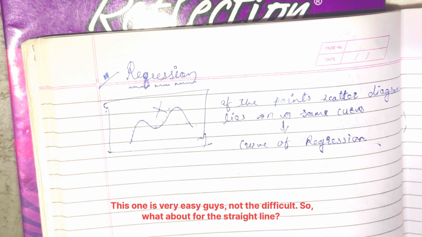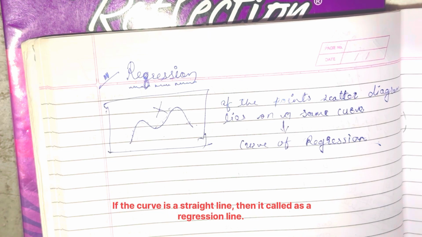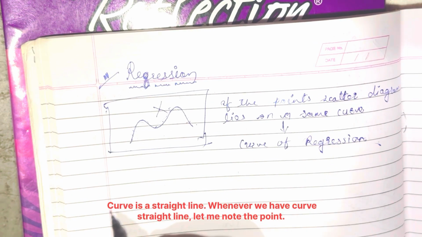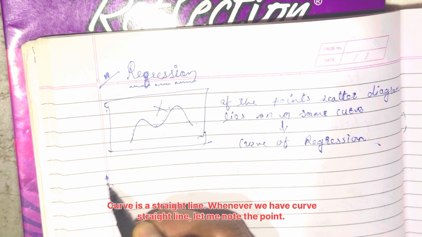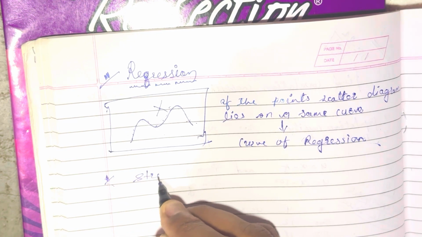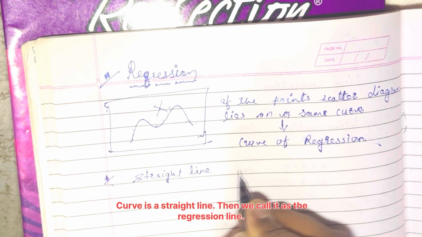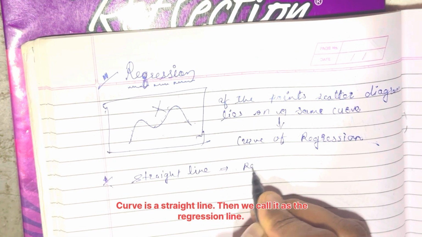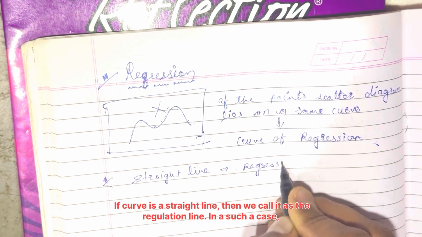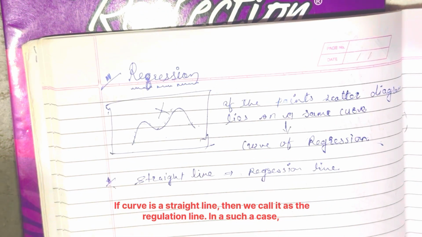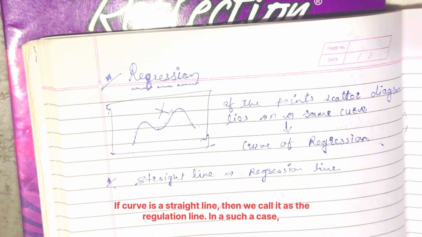So what about the straight line? If the curve is a straight line, then we call it the regression line.